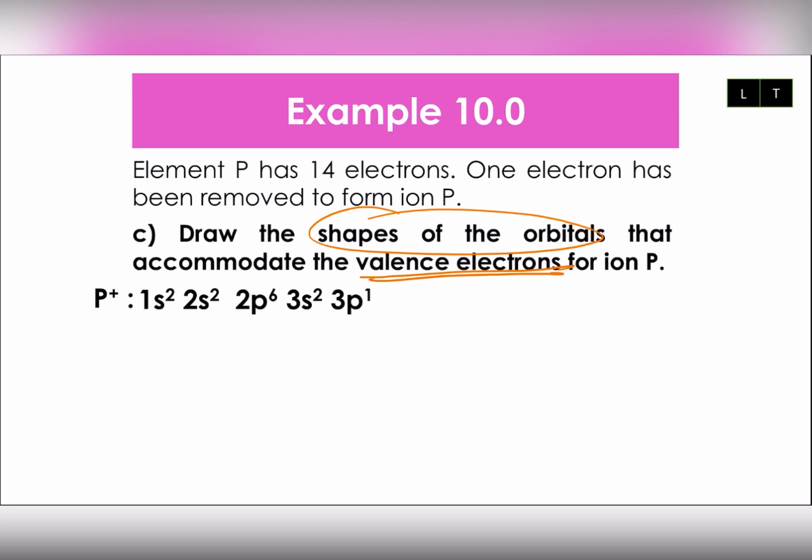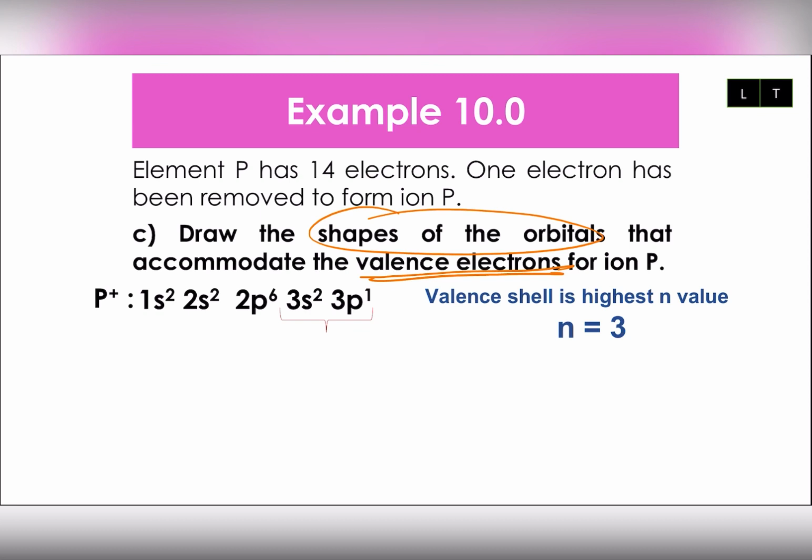Valence electrons will be in the valence shell. The basic concept is that the valence shell is the principal quantum number with the highest value. In this case, the highest n value for ion P is n equals to 3. In n equals to 3, you have subshells 3s and 3p.